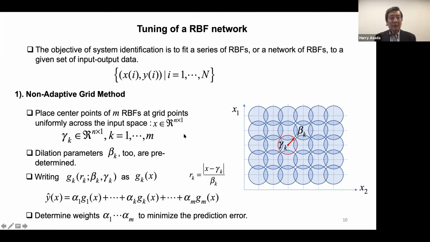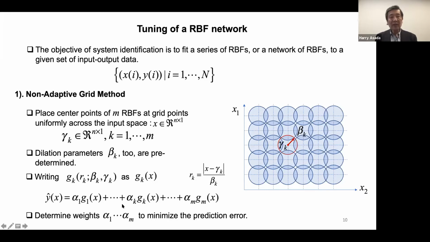Now the dilation parameter beta k we somehow predetermine. We pick the value and then see what happens. So the emphasis is that beta and gamma are predetermined, and the rest, alpha, is to be determined.